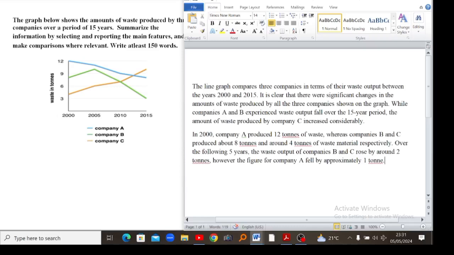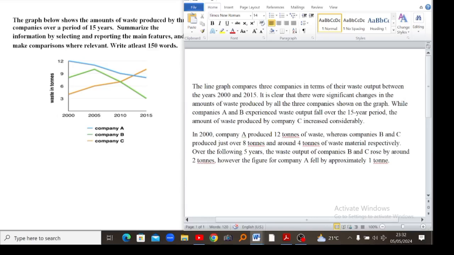So with this we could say produced just over 8 tons. So with this, we've put this in one paragraph. The other paragraph will describe the rest. Yes, it's very important to space those paragraphs.